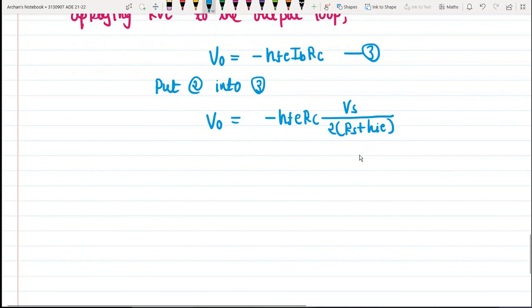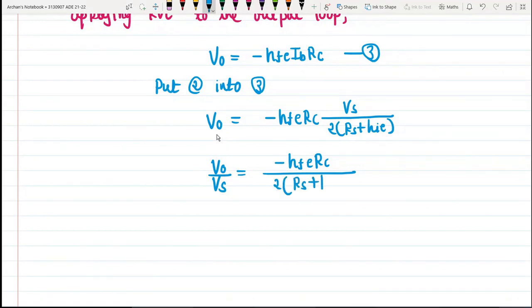So let us take Vs from the right hand side of the equation to the left hand side. So we will have this ratio V0 by Vs equal to minus HFE RC upon 2 times RS plus HIE.